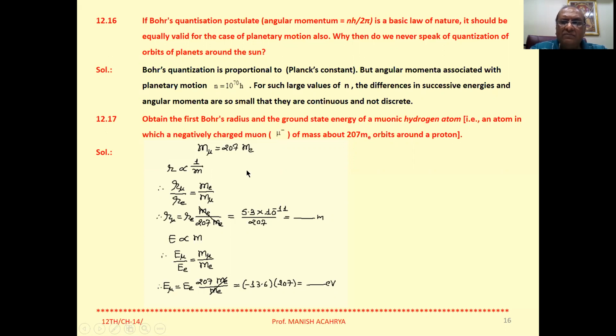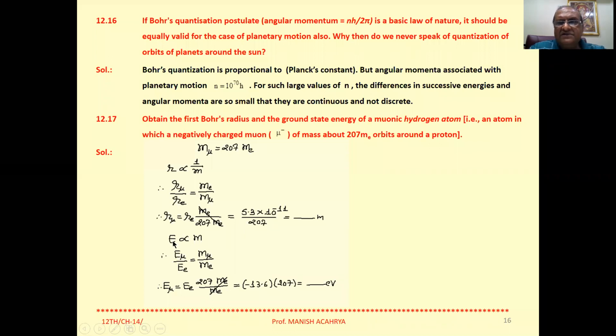Now in the same orbit, we know r is proportional to 1 upon m. So r_mu upon r_e is m_e upon m_mu. So r_mu is r_e into m_e upon 207 times m_e. Then here you will get the radius of the orbit in which the muon is revolving.